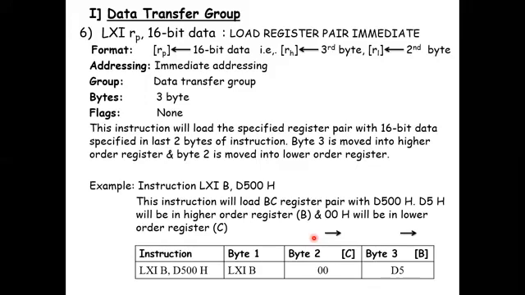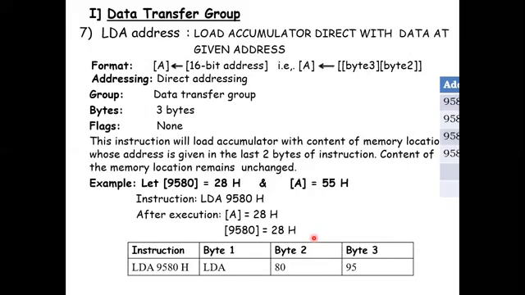This instruction loads the specified register pair with the 16-bit data specified in the last 2 bytes of the instruction. Byte 3 is moved into the higher order register and byte 2 into the lower order register. An example is LXI B, D500. Another one is LDA address, which loads 8-bit data from a direct address.